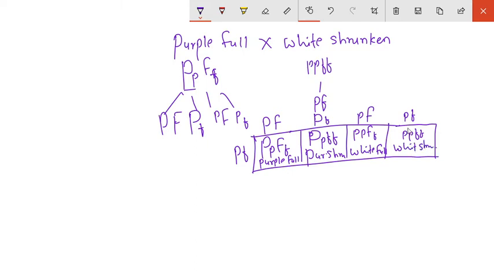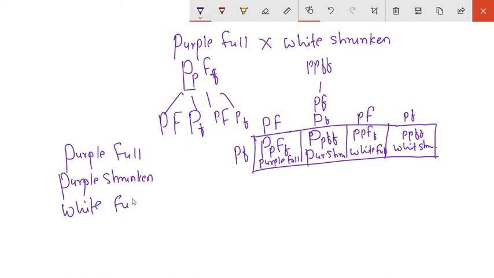So 4 types of progenies are produced: that is the purple full, then purple shrunken, then white and full, and white and shrunken.